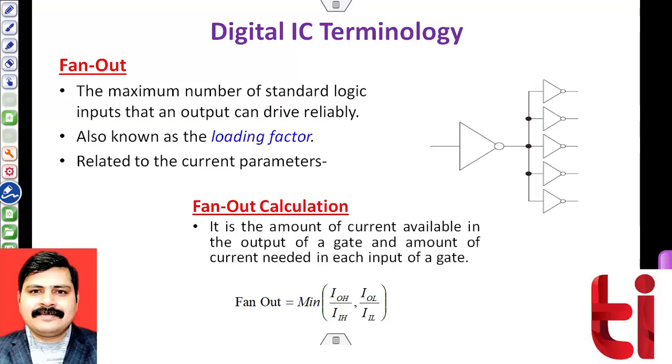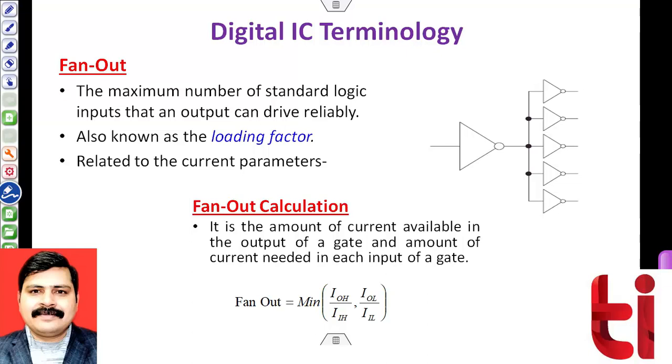One can easily define or measure the fan out from the current related parameters. Briefly, it depends on the amount of current available at the output of a gate and the amount of current needed at each input of a gate.